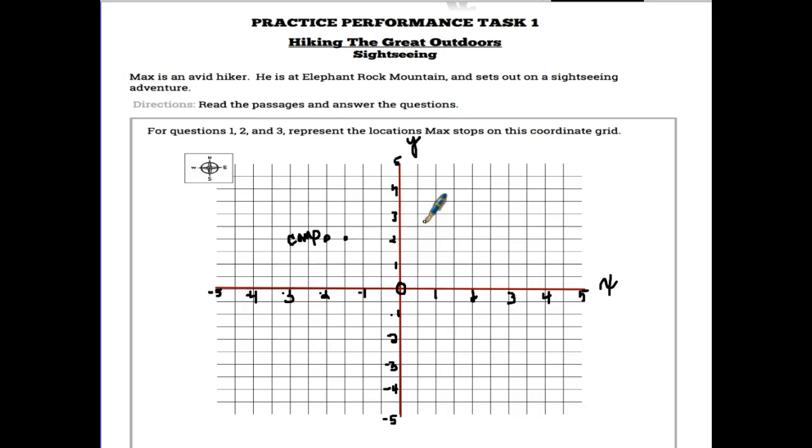Label each point with the name of the attraction and the ordered pair. So I'm going to take a look at Blue Lake. I'm going to be going from here. Blue Lake is 4.25 miles south. So I'm going to have to come from this point.